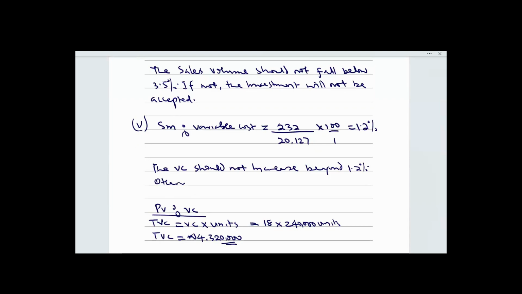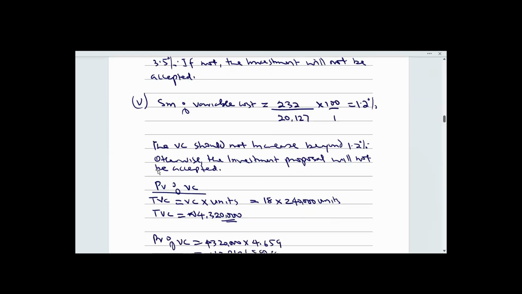Otherwise, the investment proposal will not be accepted. So the maximum increase in variable cost is 1.2%. Any further increase beyond this 1.2%, the project NPV will be negative.